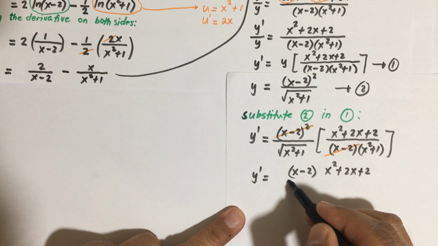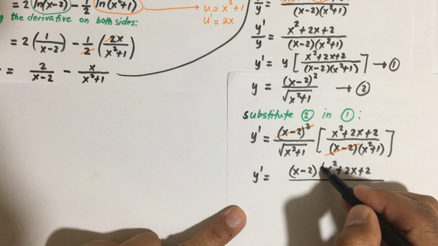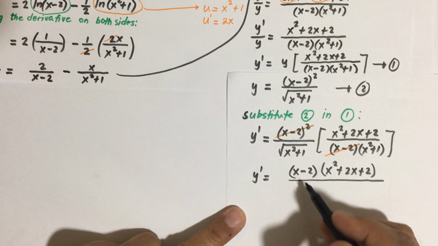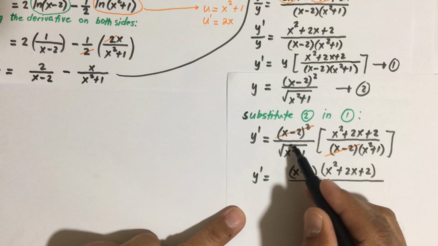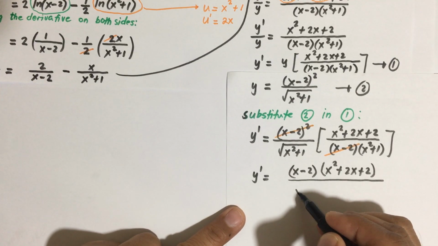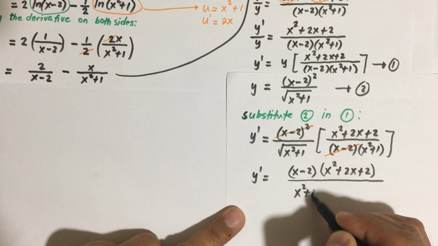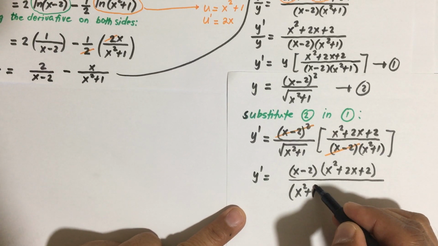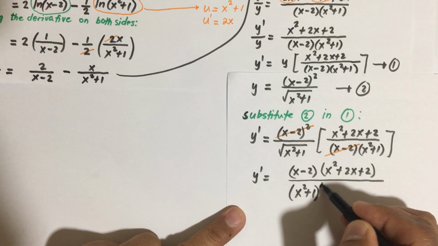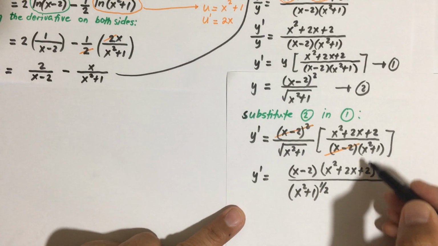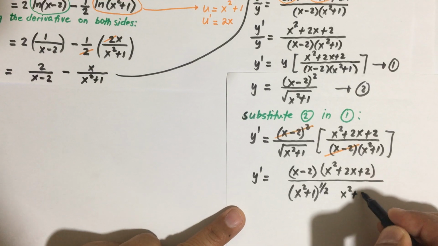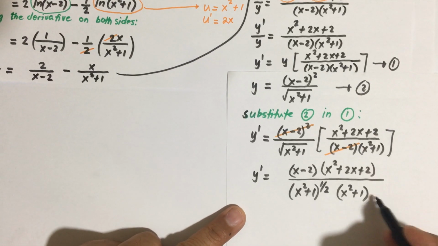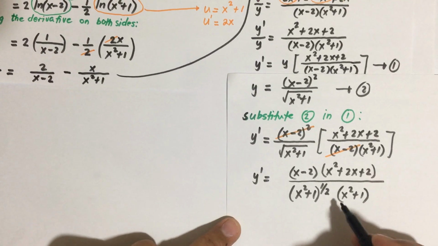And divided by, this square root of x squared plus 1 can be rewritten as x squared plus 1 raised to the power 1/2, then multiply this with x squared plus 1, so that we can combine these two.